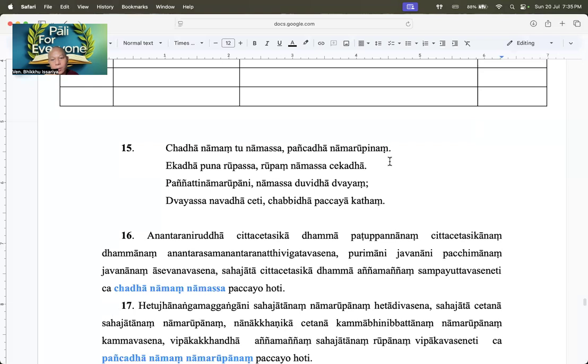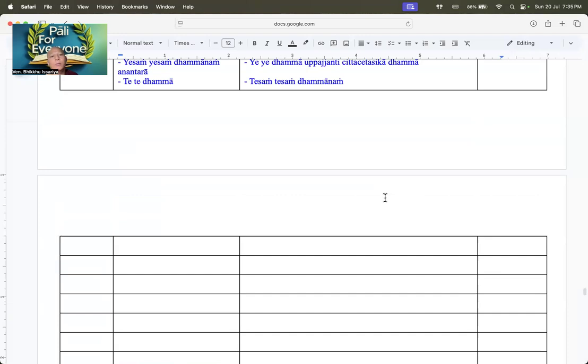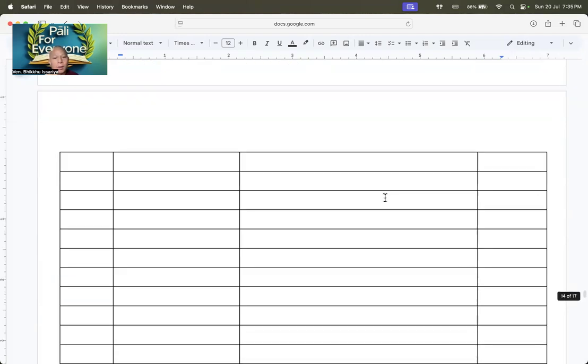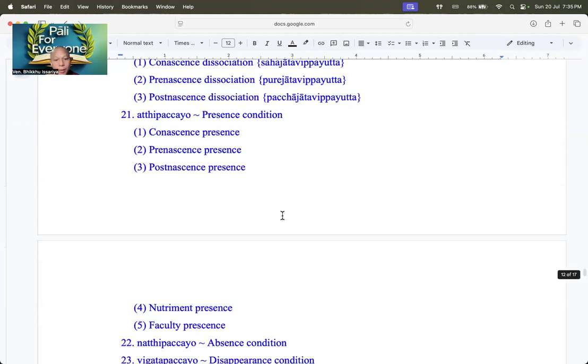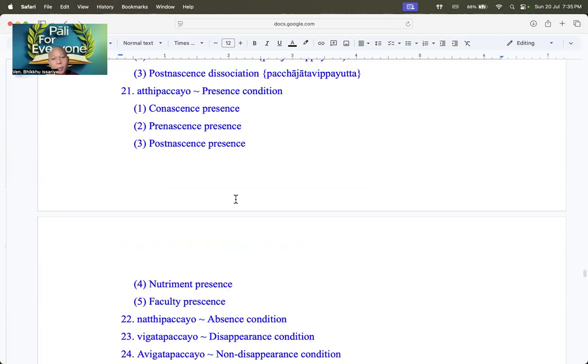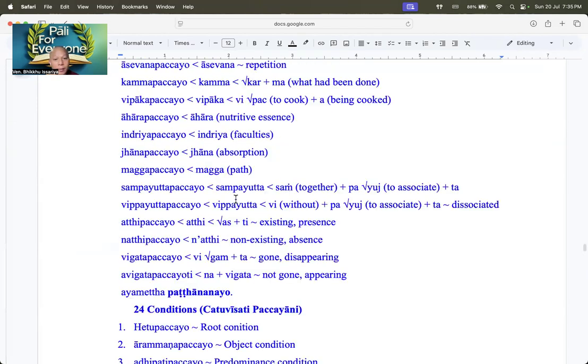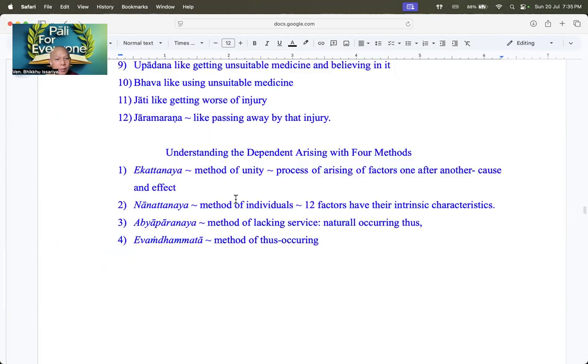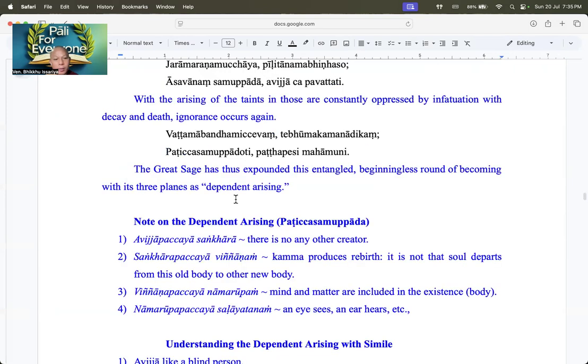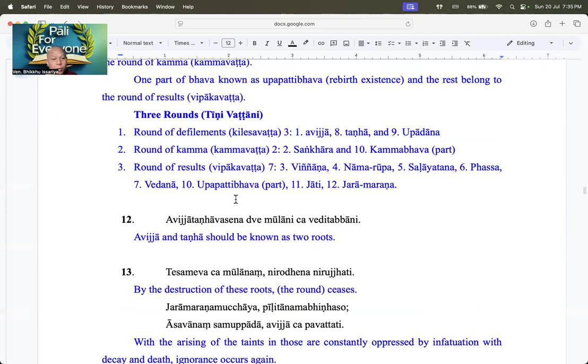Among these 24 conditions, the condition also is nama, and conditioned things are also nama. At the very beginning, we have already learned about paccaya and paccayuppanna. Later we will come again. At the very beginning, when we learn this chapter, these points we also need to know.